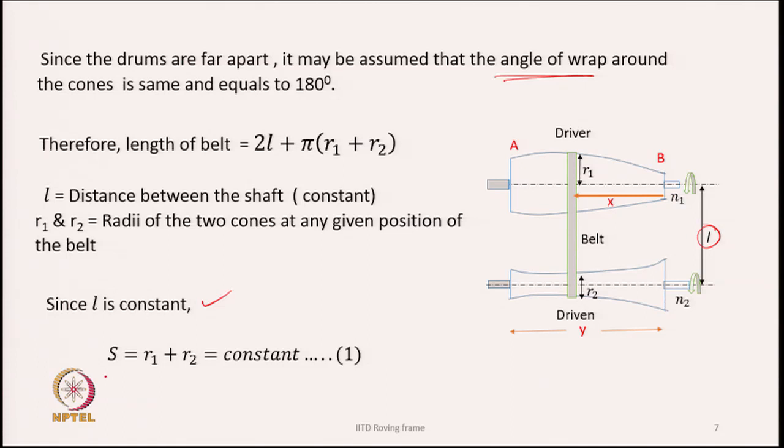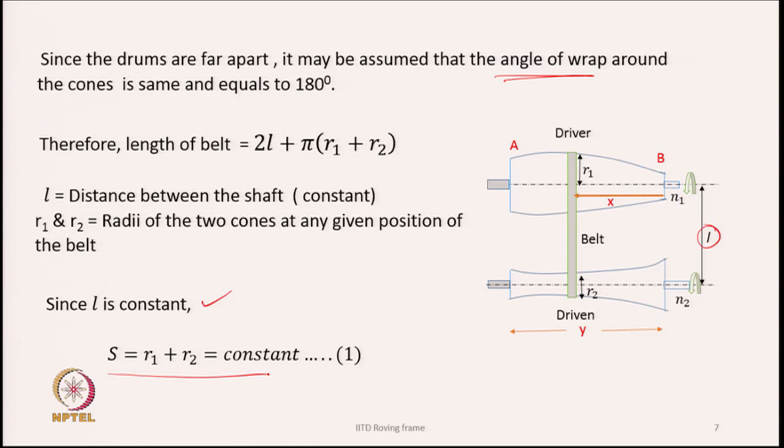The other thing is, S also has to remain constant, where S is r1 plus r2, that is the summation of the radii in this case of the two drums. That should remain constant, because the belt length has to be the same.